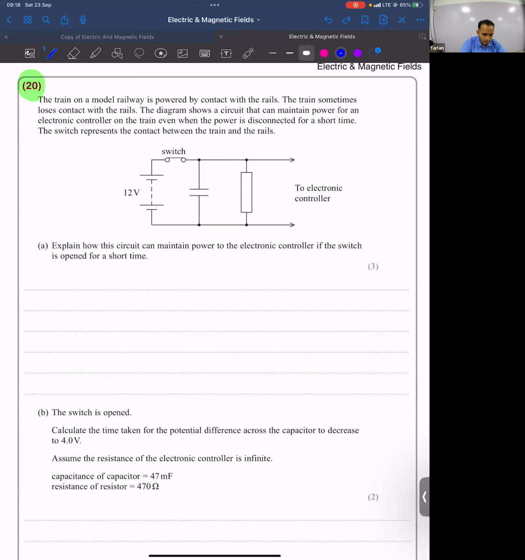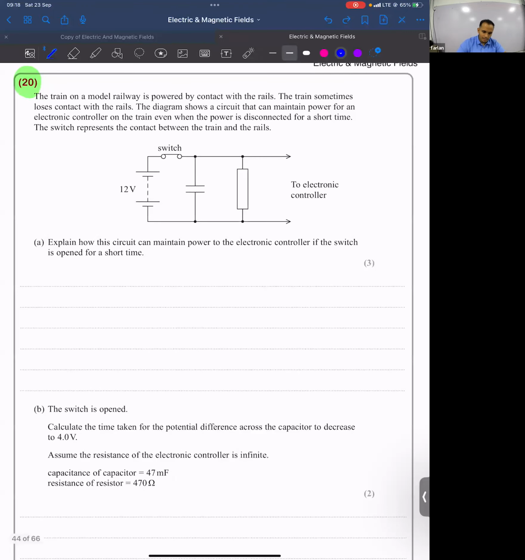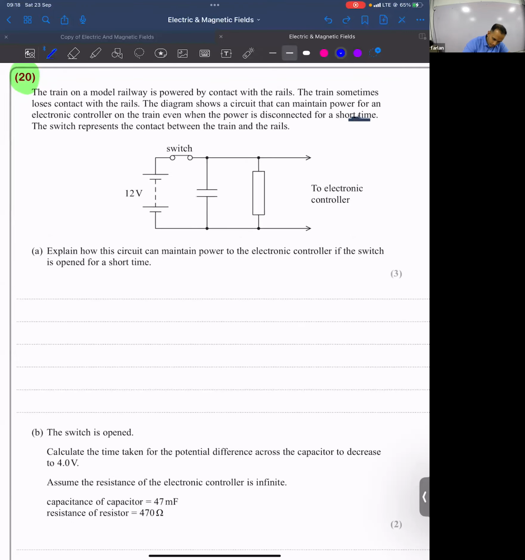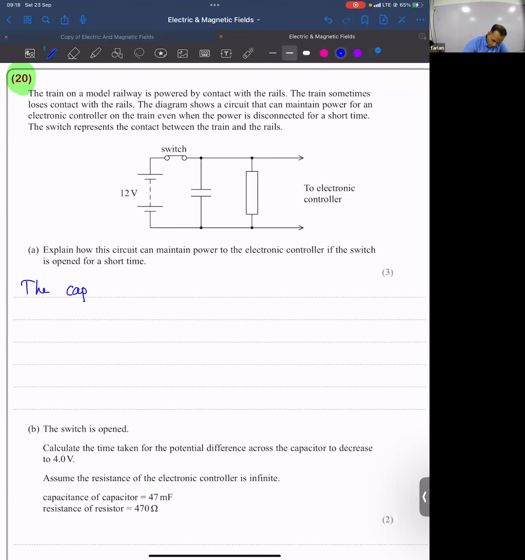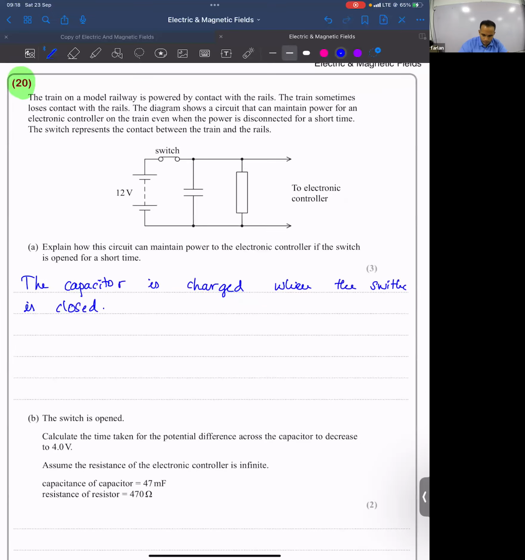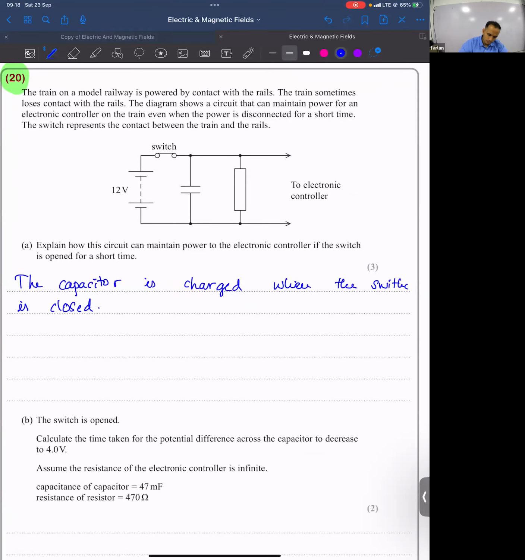So you can write: the capacitor is charged when the switch is closed. Full stop.